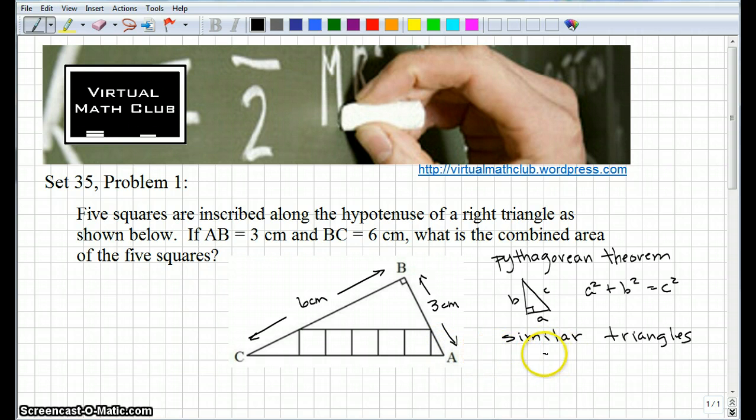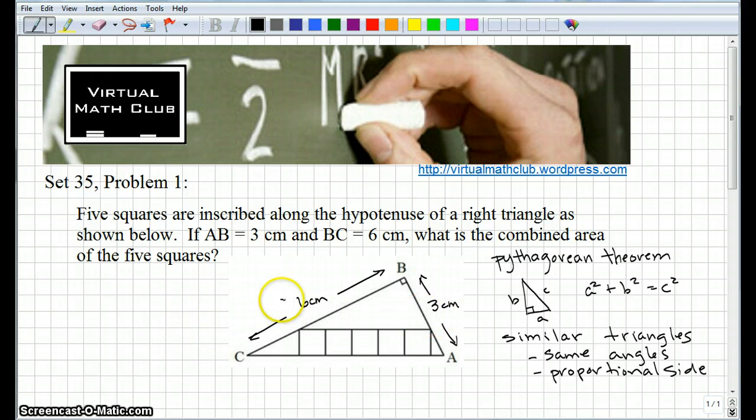So same angles and proportional sides. What does that mean, proportional sides? That just means that the ratio of the sides is the same.